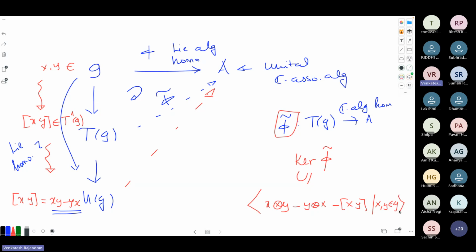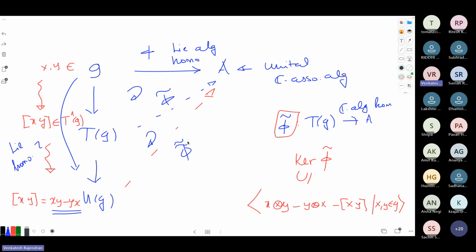That means the pi tilde of this should be 0. So let's check. Once we check this, then we have this induced map, again we call it pi tilde, so that this diagram commutes. Maybe let's call it pi double tilde.